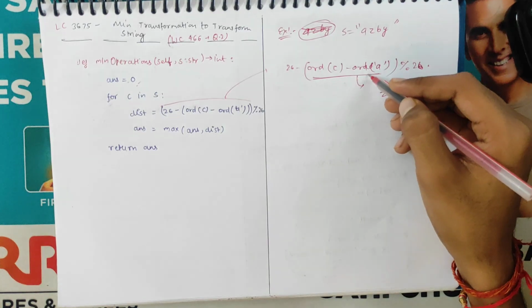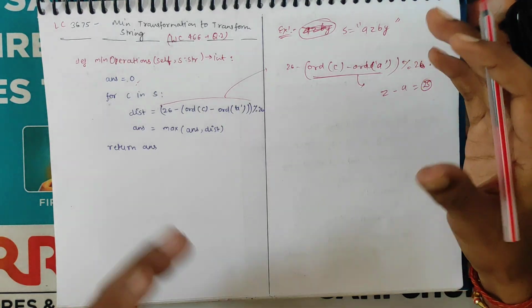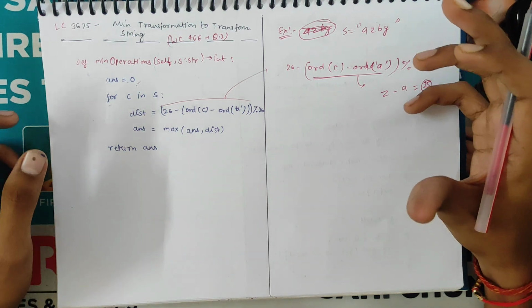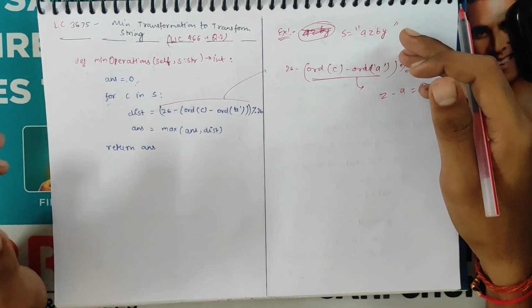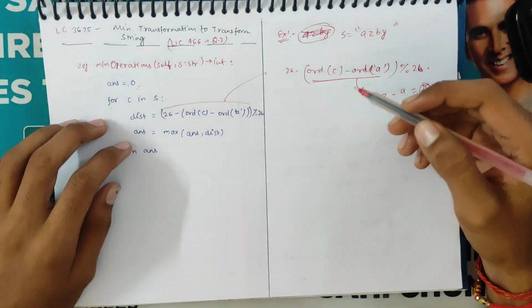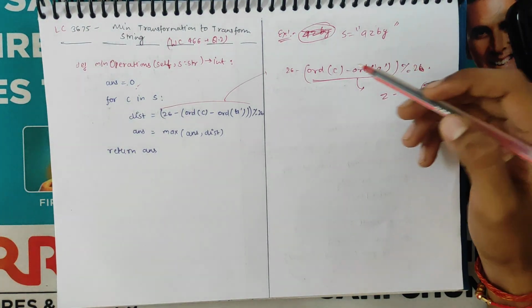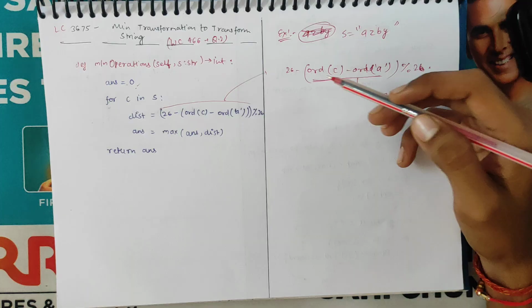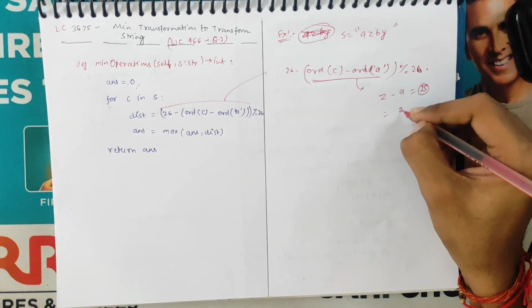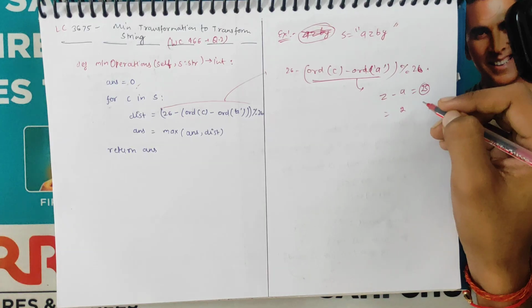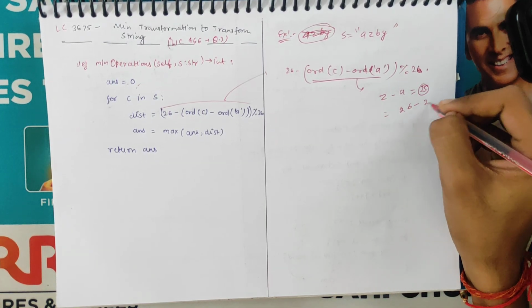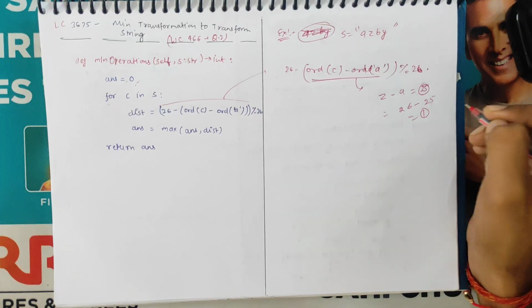So it will give 25, the distance between the given character and the character a. So why are we using this formula? Let's understand it. 26 minus 25 is 1.